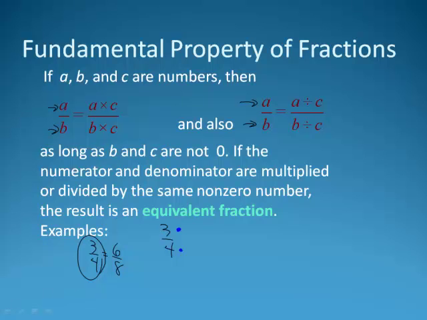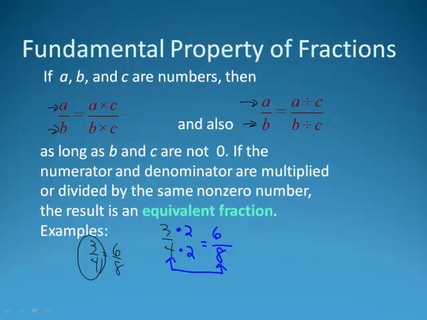So in this case, if we multiplied top and bottom, or numerator and denominator, of that fraction by 2, we would get 3 times 2 is 6, 4 times 2 is 8, equivalent fractions 3/4 and 6/8, as in the previous example.